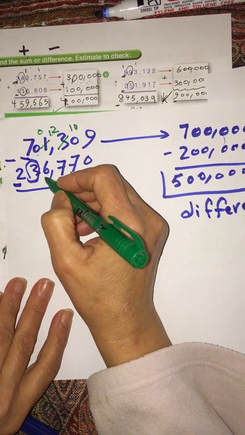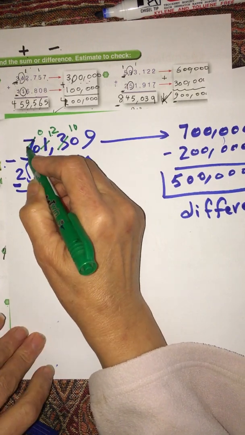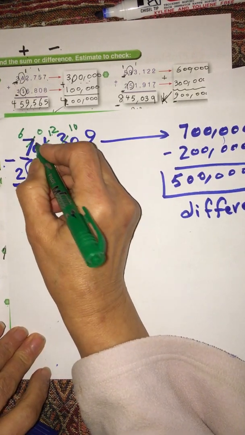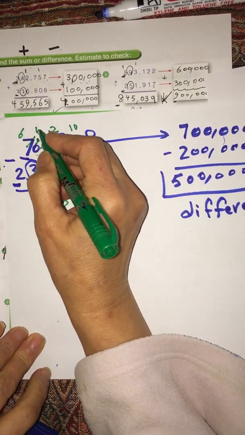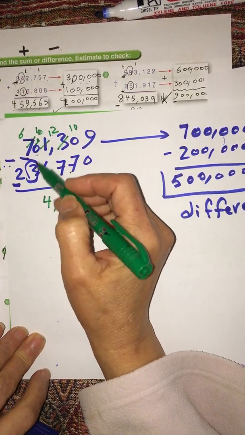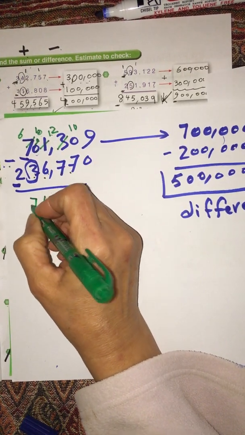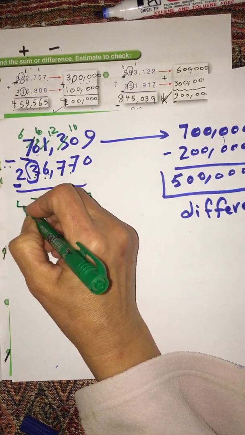0 minus 6, I can't. The other 10,000 is also 0, so borrow from the 100. 6, this will be 9, and this will become 10. 10 minus 6, it's 4. 9 minus 2, 7. 6 minus 2, 4.